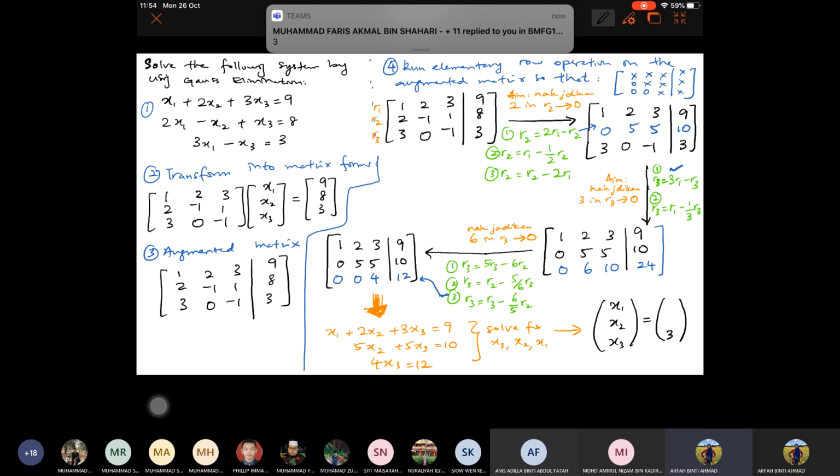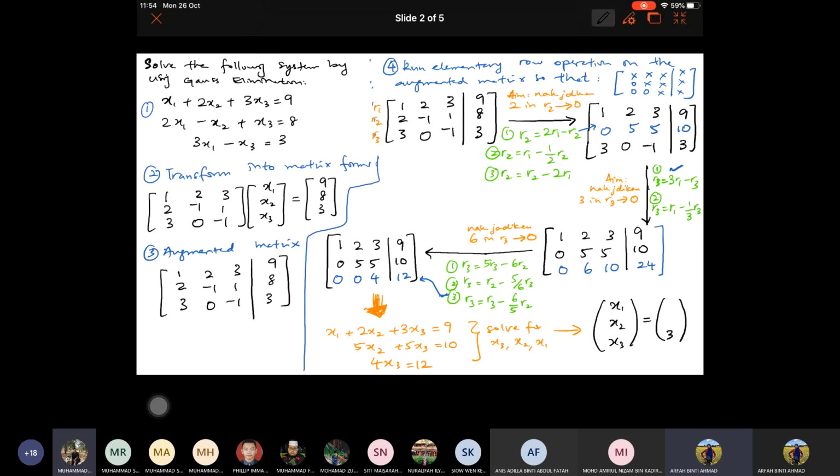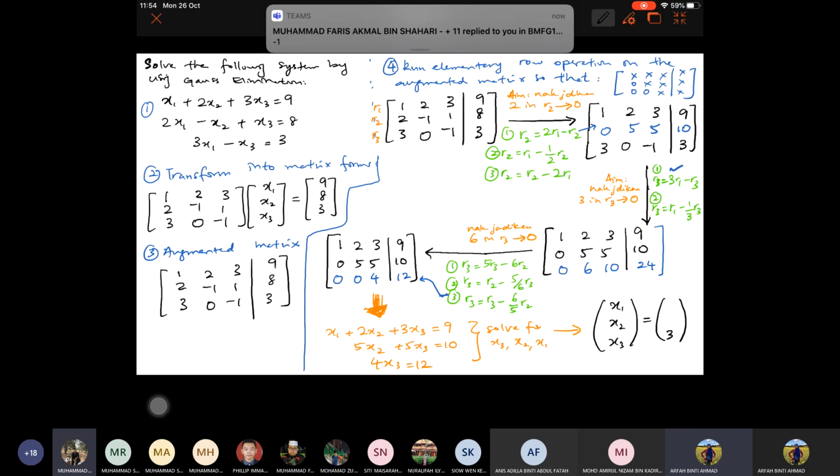So substitute X3 equals 3. 5X2 plus 5 times 3, 15. 5X2 plus 15 equals 10. So solve that equation. So X2 equals what? -1. Very good Haris.